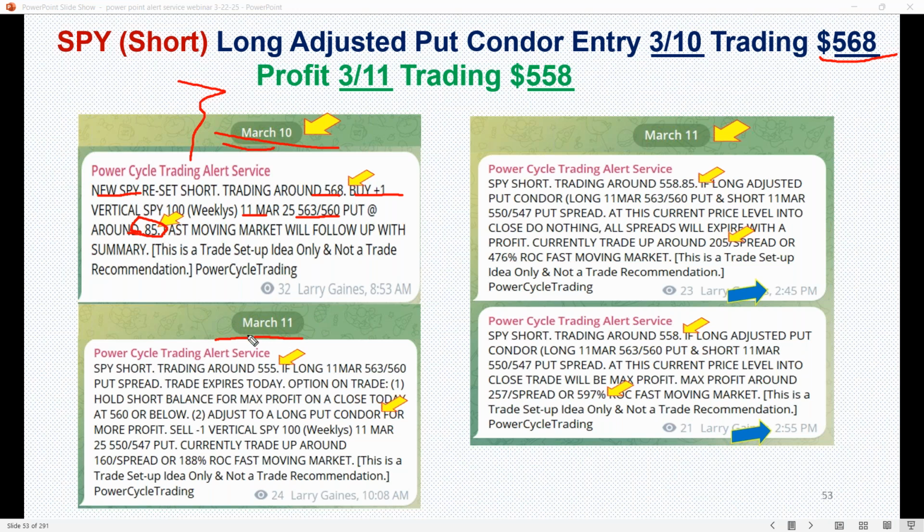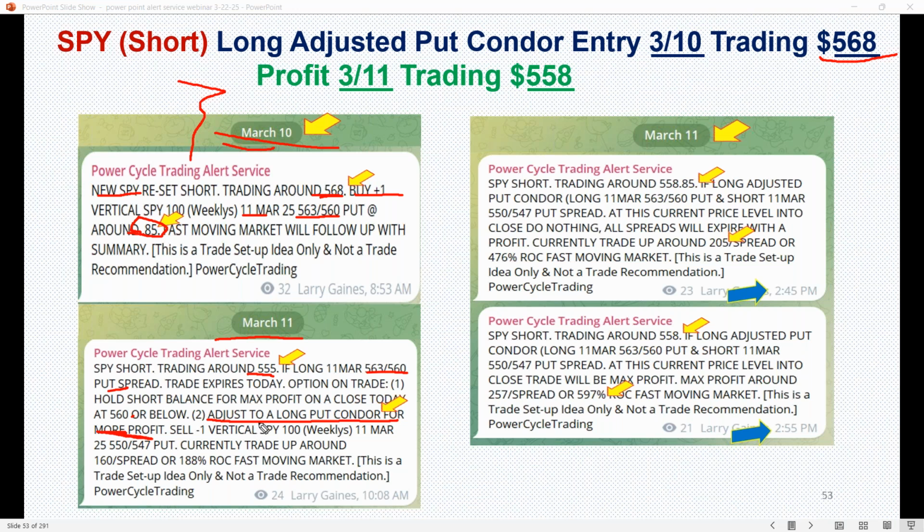So here was the next day. Now, when we set it up, it was trading at 568. Now it's trading at 555. So I sent out alerts that if you're long that put debit spread, trade expires today. But I said hold short balance for max profit on a close today at 560. And then I said adjust to a long put condor for more profit.